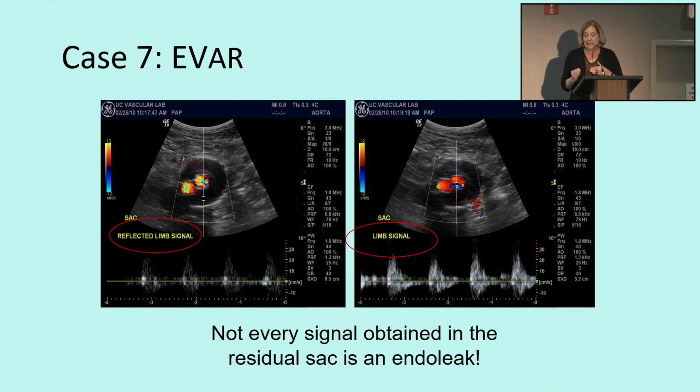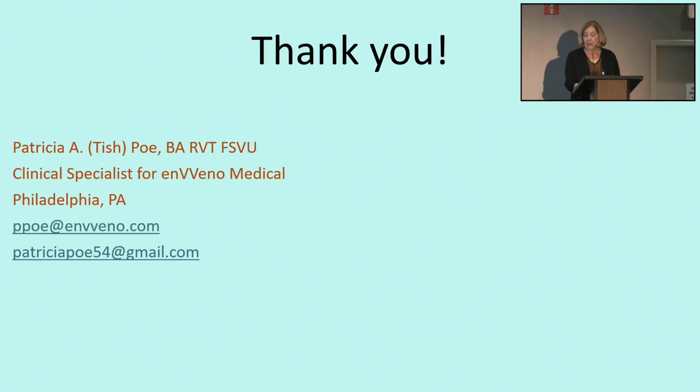So if I see this and it didn't really look like an endoleak image, then I went right up into the limb, same image, same waveform, only stronger. So this is not an endoleak proof here. This is a reflected signal from the mirroring between the bright wall of the endograft and the bright wall of the aorta.